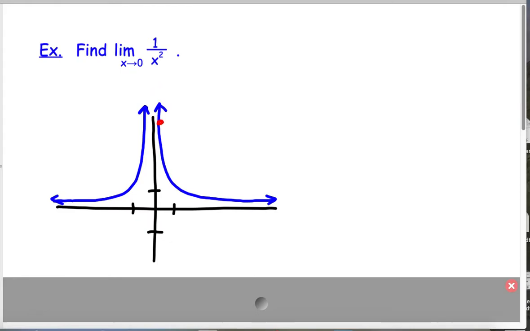So in this case, we would say the limit does not exist, but we could actually be more specific and say that it's approaching positive infinity. And so I would like you to be more specific on these types of answers, even though some textbooks are not. And I would like you to say it's approaching infinity.